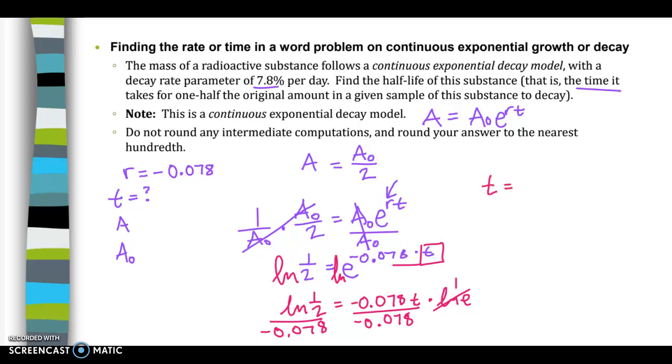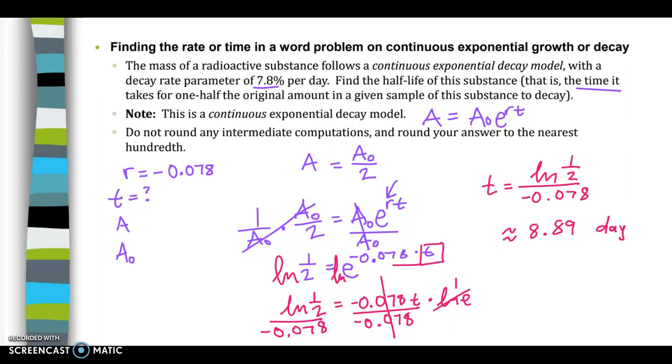Well, let's go ahead and write out what t equals. T equals the natural log of 1/2 divided by negative 0.078, which is approximately 8.89 days.